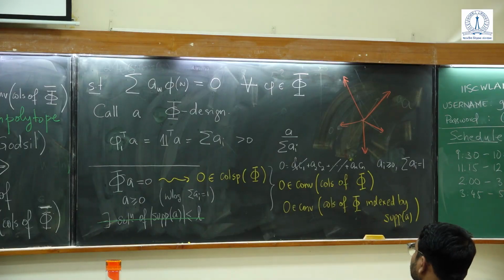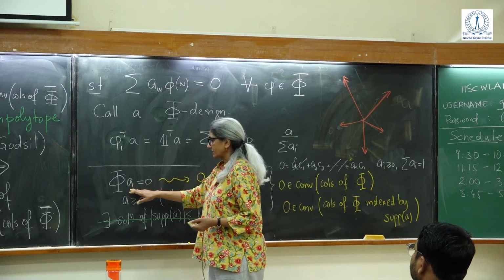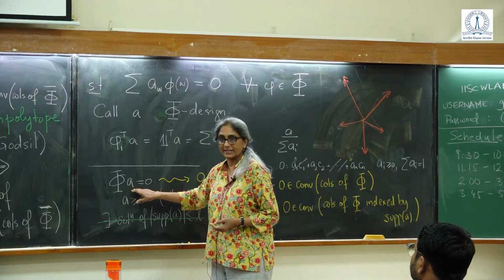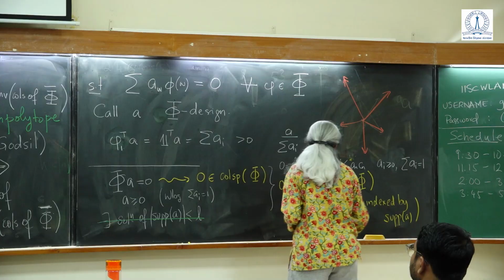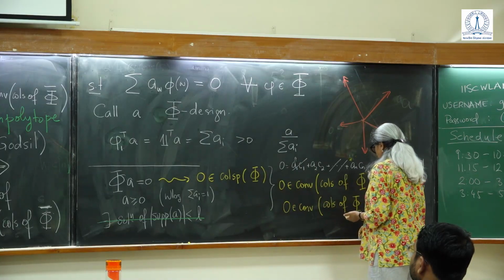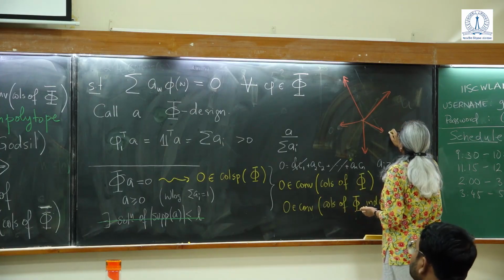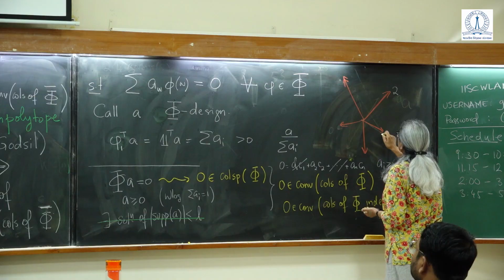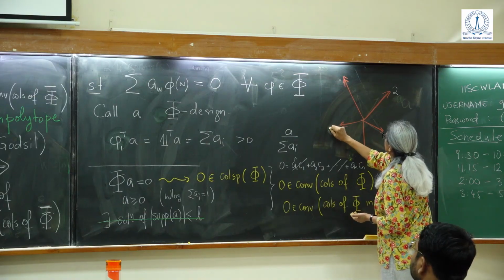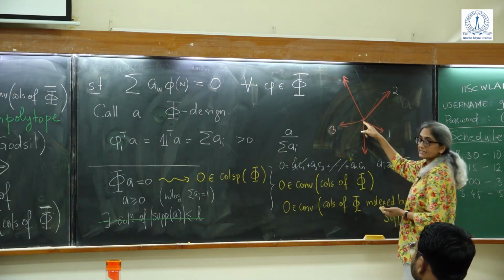And now I have some A where all of the red vectors will sum up to 0 if I weight them, right? So let's write the A in maybe white. So maybe this is saying if I take 2 times this plus 3 times this plus 1 times this, I will get 0.